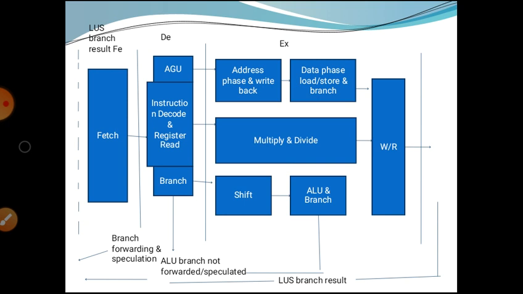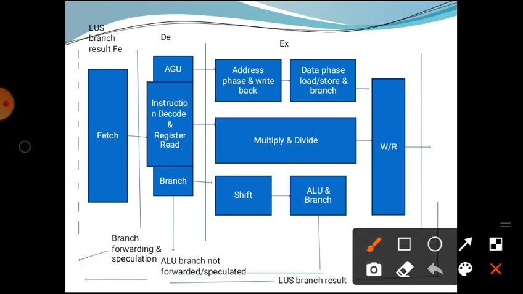Okay. Next, this is the diagram which shows the pipeline stages of a processor and the pipeline operation that takes place at each stage. Here this is the first stage, that means the fetch stage. This is the DE stage, meaning decode stage, and this is the execute stage. In the fetch stage, instruction fetch is where data is returned from the instruction memory.